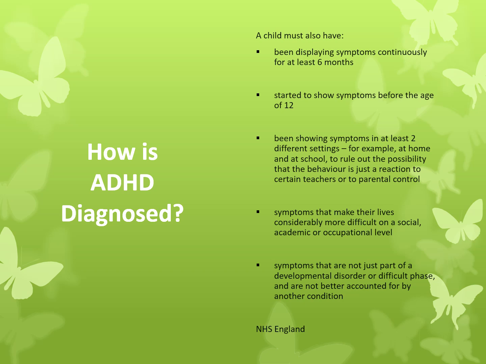Symptoms that make their lives considerably more difficult on a social, academic or occupational level, and symptoms that are not just part of a developmental disorder or difficult phase, and are not better accounted for by another condition.